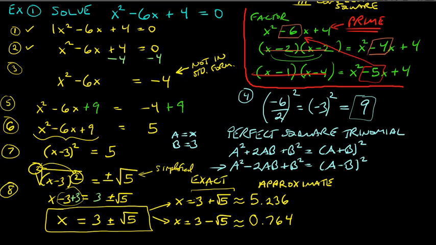For the most part, we're only going to ask for the exact solutions. I'm not going to ask for the approximate. If they ask that on Connect Math, then just use your calculator and put in the approximate, but I'm more worried about the exact answers.